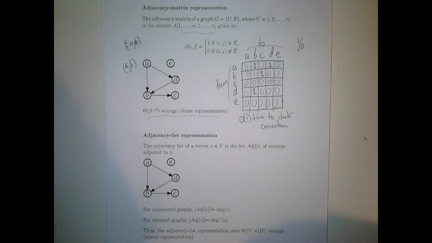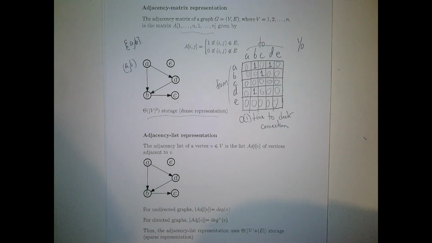We don't usually talk about space all that much, but it is worth considering. If you have a really big graph, like the graph of all the people who are friends on Facebook, say, that's going to be a big graph, right? It's going to be the number of users times the number of users. That might not be very practical.